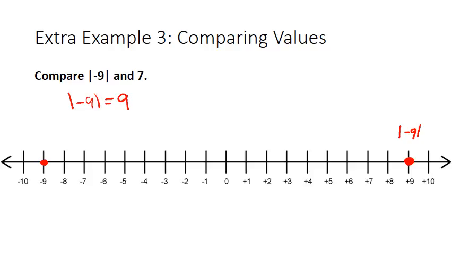Then as we put 7 on our number line, here is +7. So we have our statement now, and we can say for certain that 7 is less than the absolute value of -9.